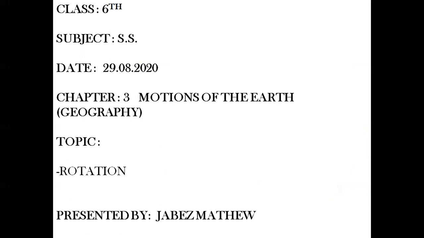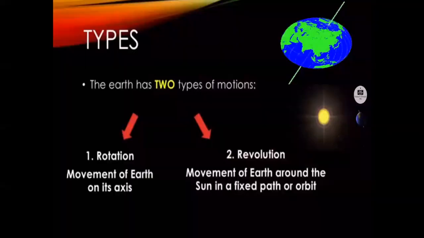As you can see, today's topic is that there are two types of motion for the earth: one is rotation, one is revolution. Rotation is the movement of the earth on its own axis. As you can see on the screen, I am pointing with the mouse, see here the arrow, this is where rotation takes place.